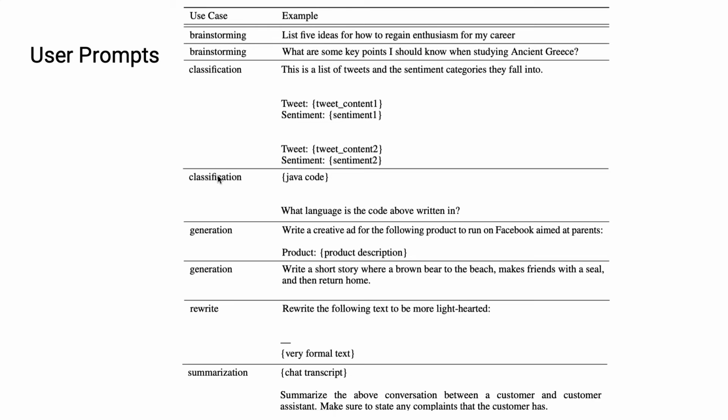There are also classification tasks, like what language is the code, generation tasks, like given the product description, can you write a creative ad? And rewrite, like rewrite the following context to be more lighthearted, and the summarization task. In their appendix, they show lots of examples from each of the categories in their prompt data sets.